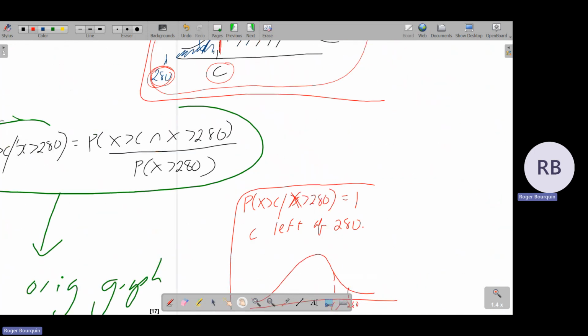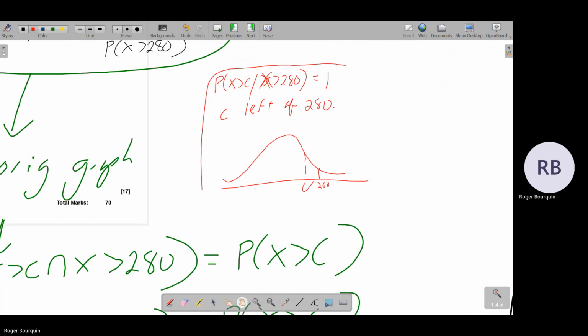If I had this situation, and they told us that, given x is bigger than 280, the probability of x being bigger than c is equal to 1, then c would be to the left of 280. It's absolutely certain in that situation that if x is bigger than 280, then x must be bigger than c.